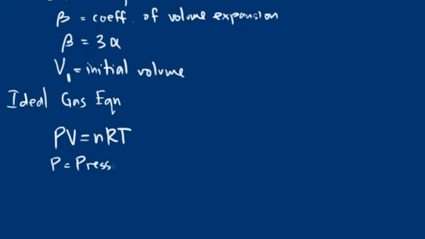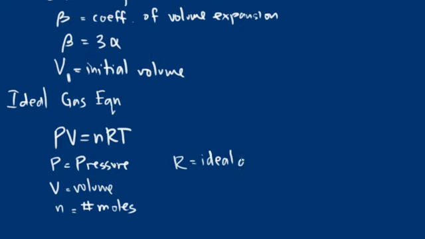V stands for the volume of your gas, n stands for the number of moles of your gas, the amount of matter or substance contained, and R stands for the ideal gas constant.